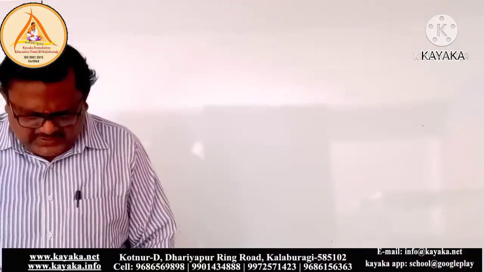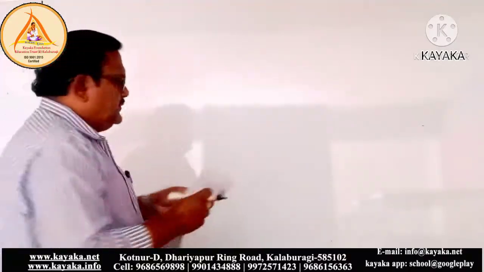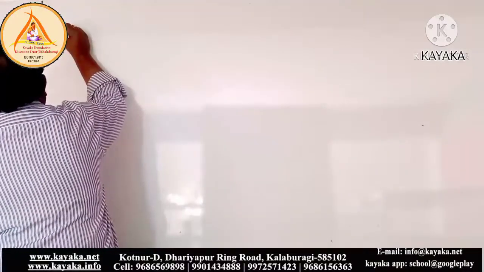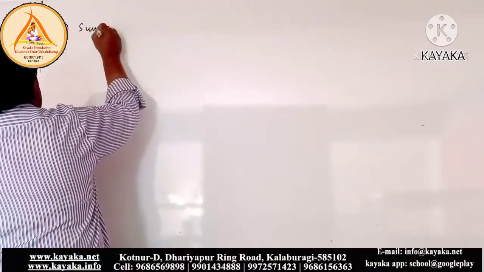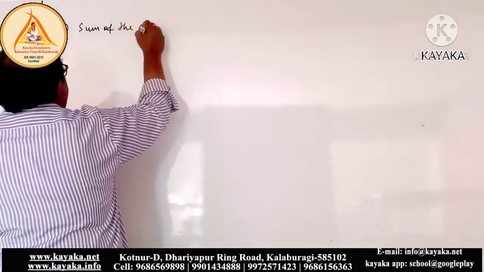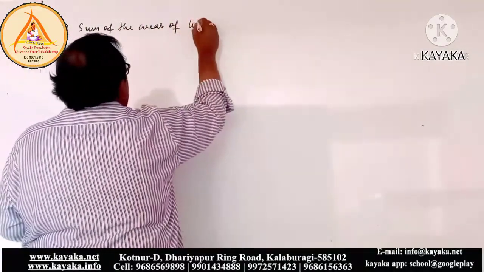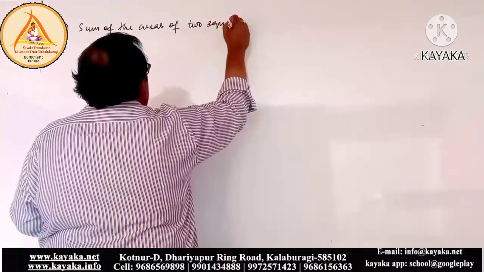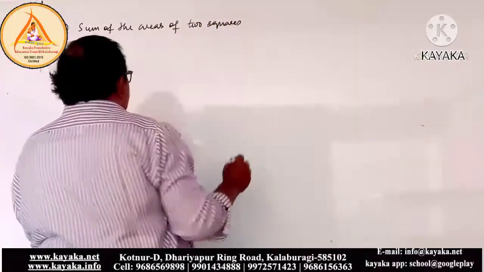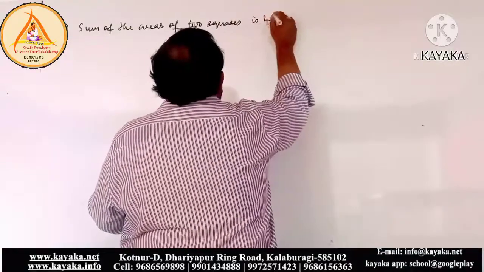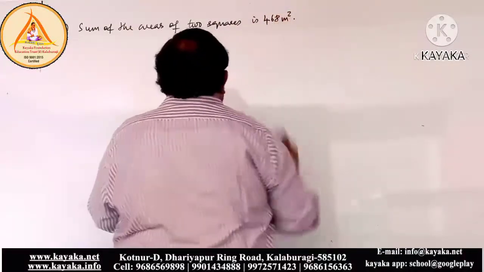Okay, next problem, dear children. Second one: the sum of the areas of two squares is 468 meter square.